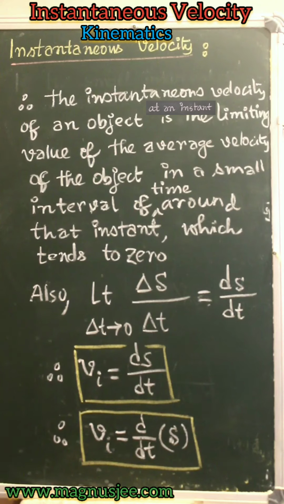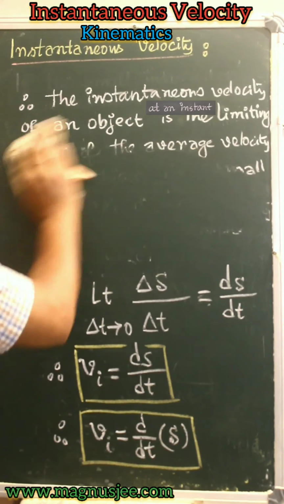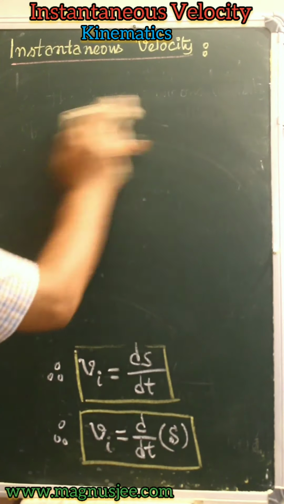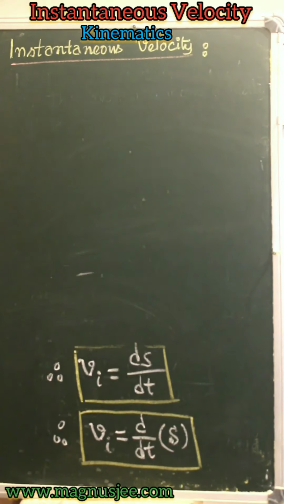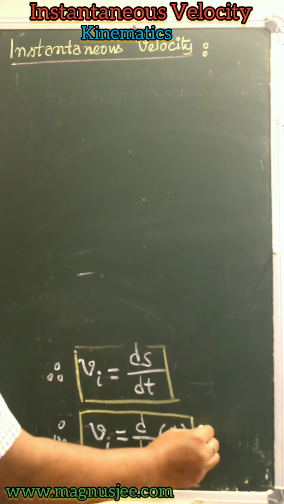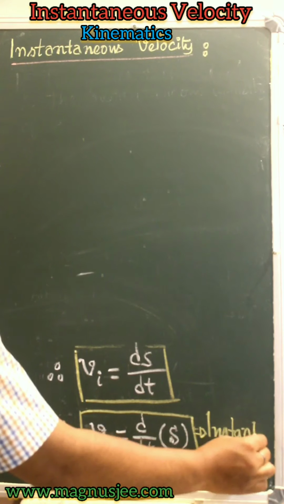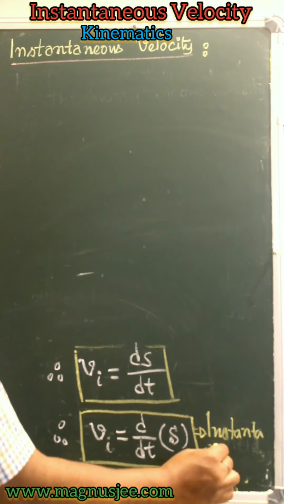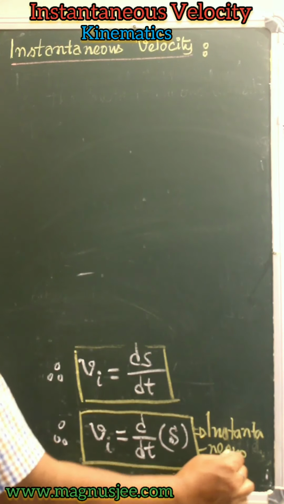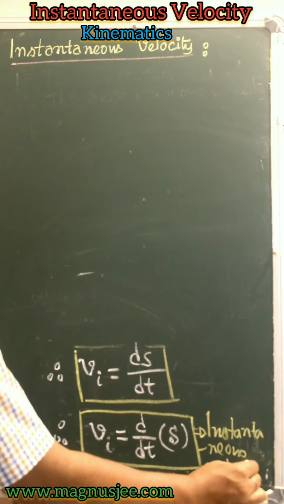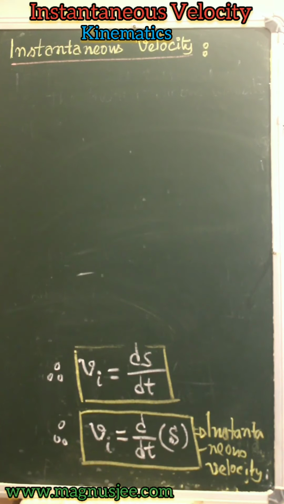Vi equals d/dt of S, that is the instantaneous velocity of the body around that instant t.